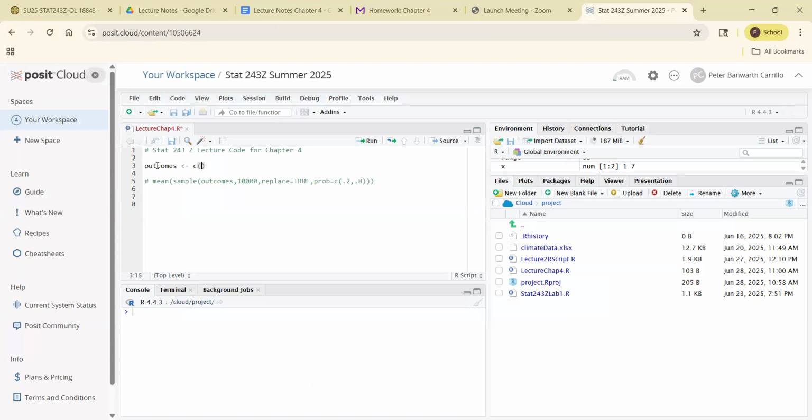The outcomes are not the roll of the die, the outcomes are the values. So $5, negative $3, negative $3, negative $3, negative $3, and $20. And the probabilities we saw were all 1/6.